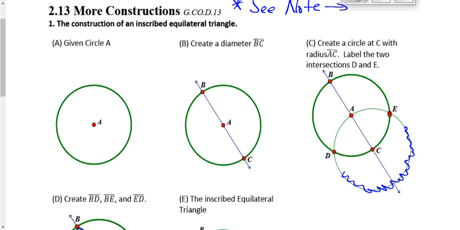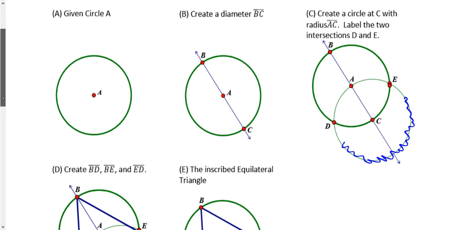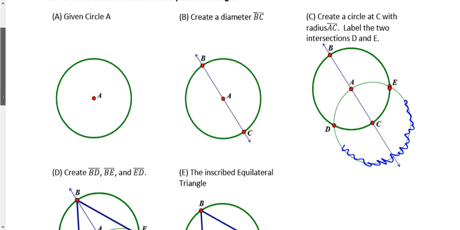This radius, right? So we put the compass point right here on one end of your diameter, open it up to where? The center. And then make an arc that just intersects twice. You got it? You make an arc that intersects twice? Yeah. There's one over on the other side.